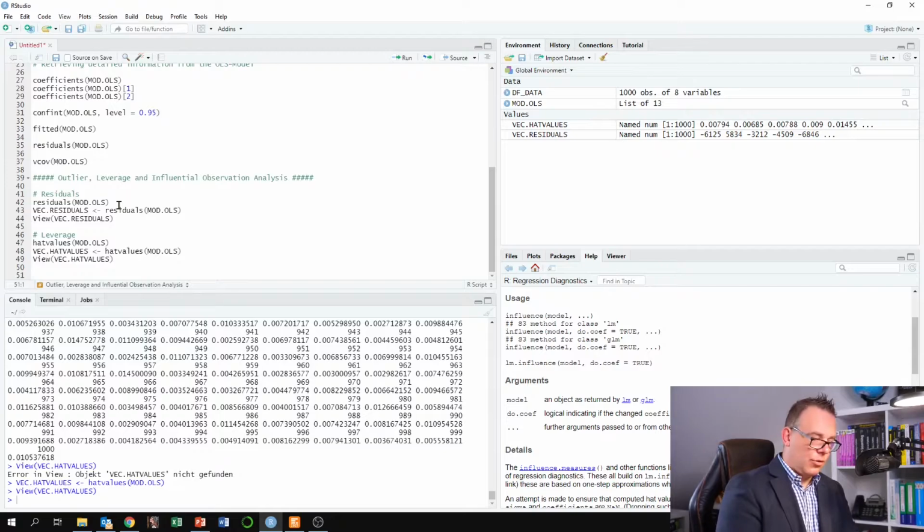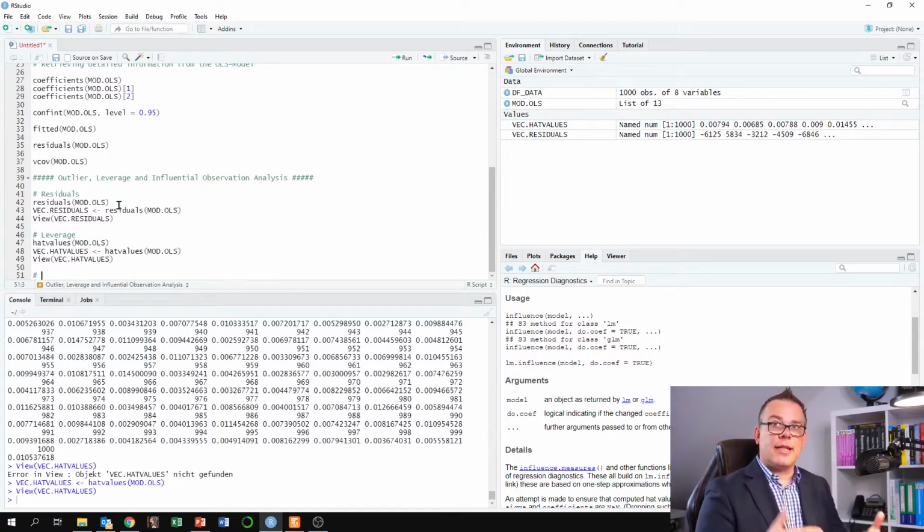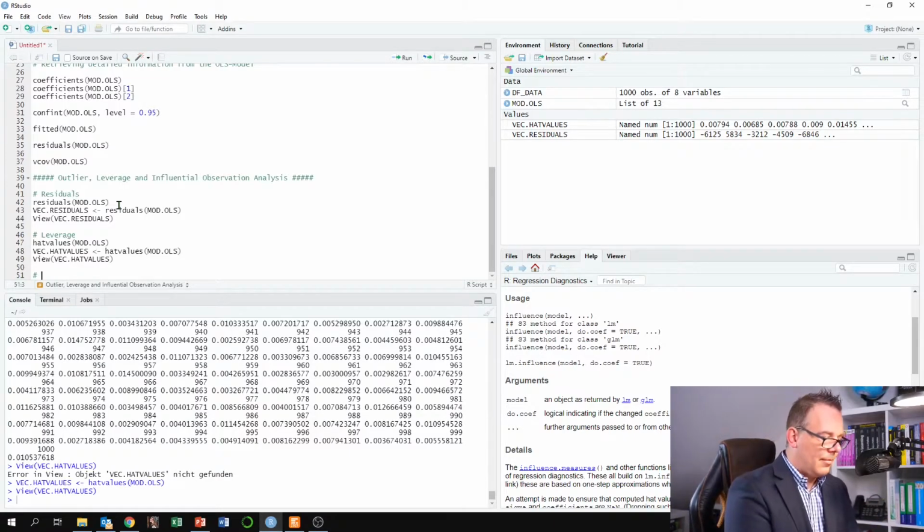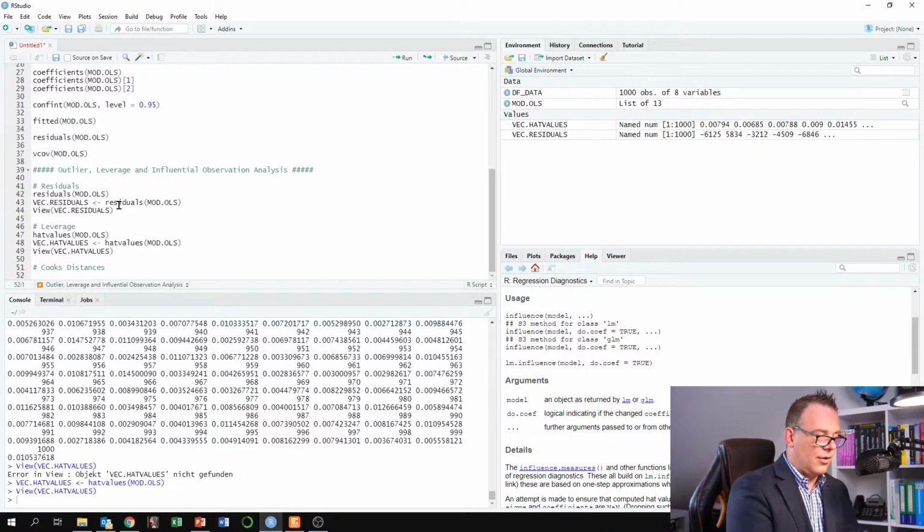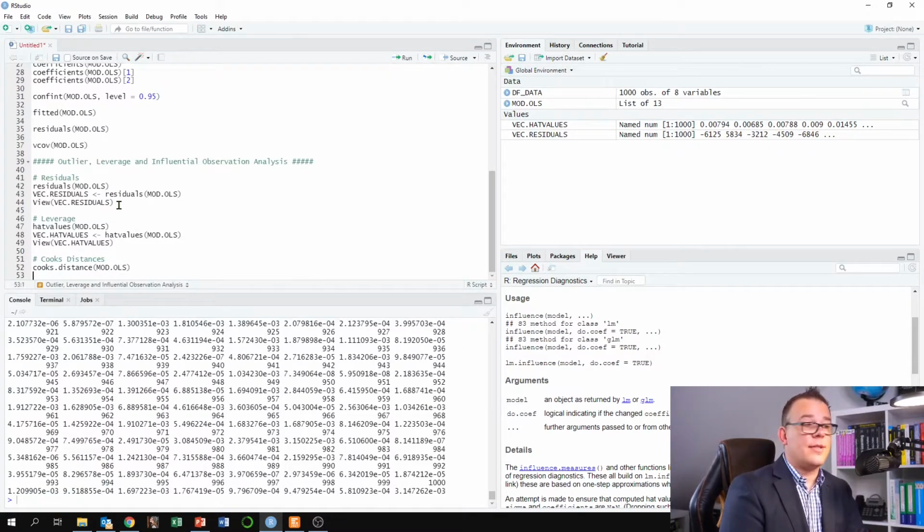Last but not least, we could combine these two ideas, residuals and leverage. And Cook already did this for us, so we can calculate Cook's distances. Cook's distance is given with the cooks.distance command. Here are Cook's distances, and again, a vector, Cook's d.